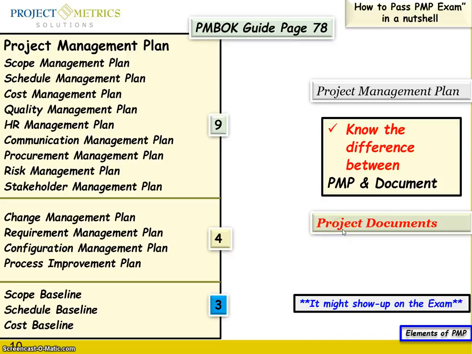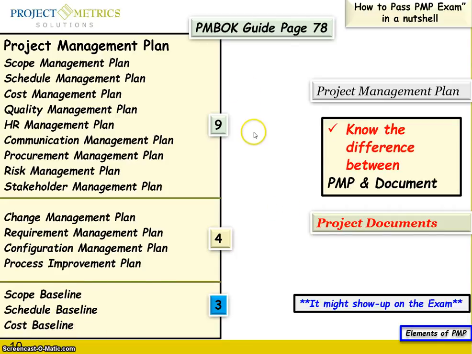It is not there, because your project management plan has a trick: everything ends with the word plan, it is part of the project management plan, except the baselines. This is different, but you also know that the scope baseline, the schedule baseline, and the cost baseline are part of the project management plan.